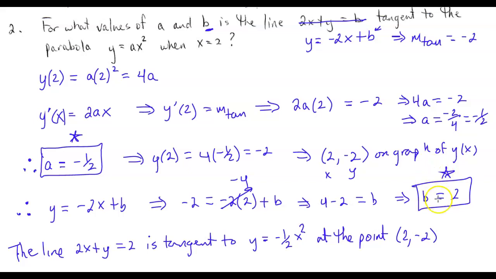Okay. So another way of rewording what we've actually done is to say the sentence that I've just written: the line 2x plus y equals 2 is tangent to the parabola y is equal to -1/2 x squared at the point (2, -2). All right, let's look at our next example.